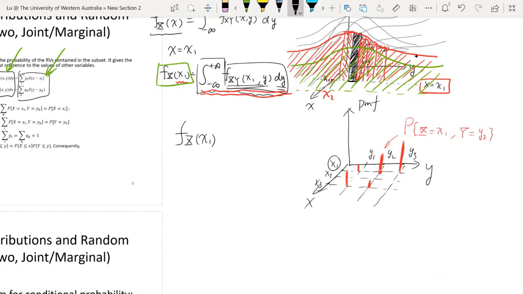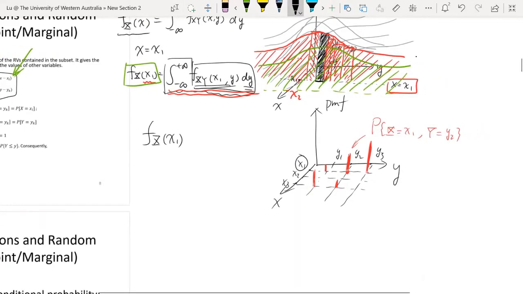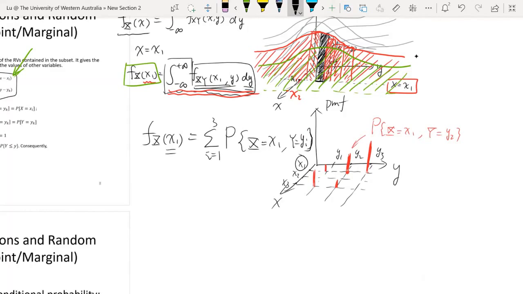Regarding this point, that's equal to the summation of the probability that x equals x1, which doesn't change because you focus on the x1 point, and capital Y equals yi, i equal to 1, 2, 3 in our example.